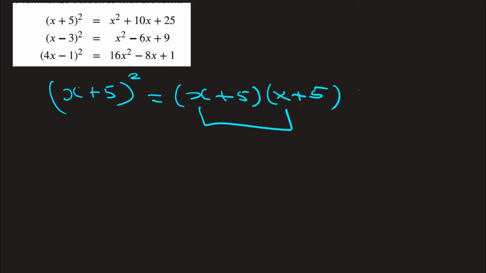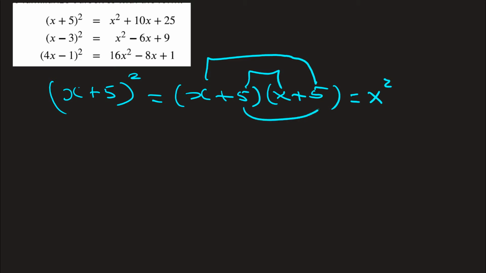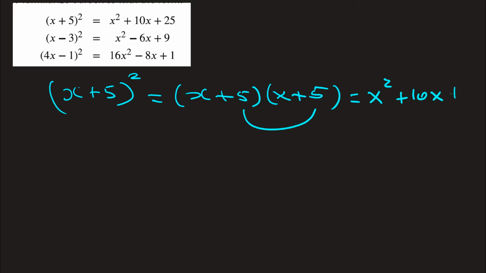x plus 5 squared is equal to x plus 5 times x plus 5. First, the square. Outer plus inner is 10x, and then last, 25.